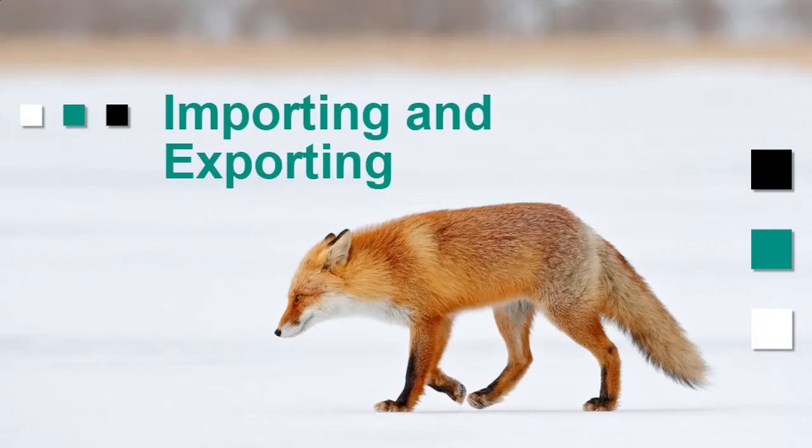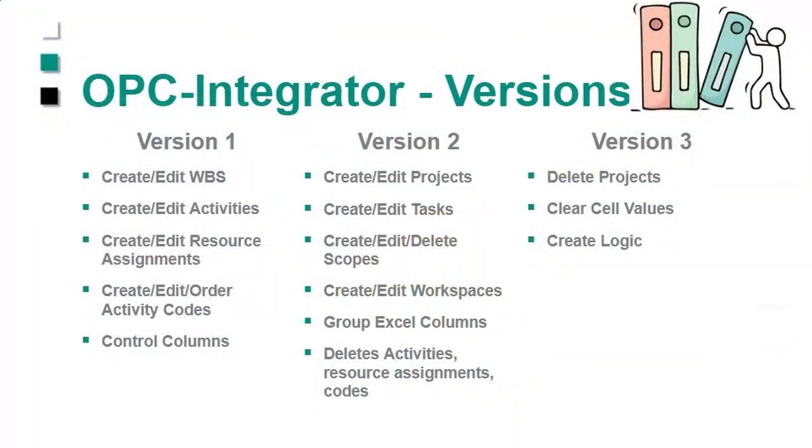So you don't want to have to retype it. So we're going to show you some of what we've built so far in this version of our OPC-Integrator. So this is our first version. As I mentioned, we've been working on it for a few months, and we finally have got enough framework and enough in the tool to start launching it and getting it out to clients.